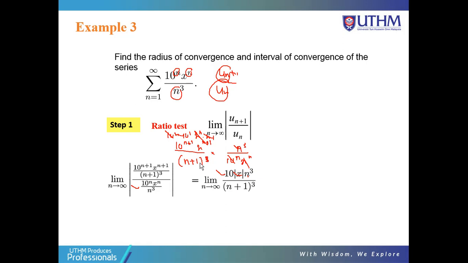This one you cannot expand directly. So you take the limit and bring out the constants, 10x, leaving the limit of n^3 over (n+1)^3.